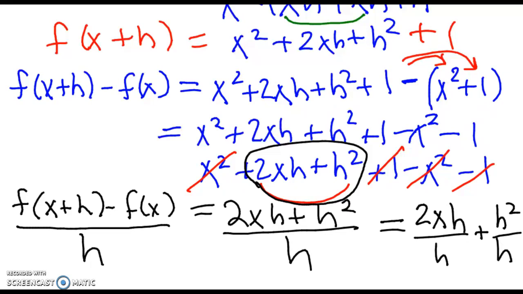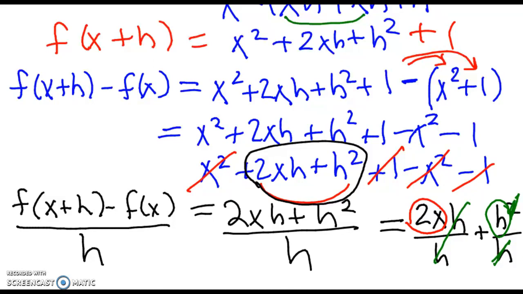And what happens is we'll see that h divided by h is 1, and we are left with 2x, and h squared divided by h. H squared is the same thing as h times h. H times h divided by h, one of the h's will cancel out, and we're just left with an h.